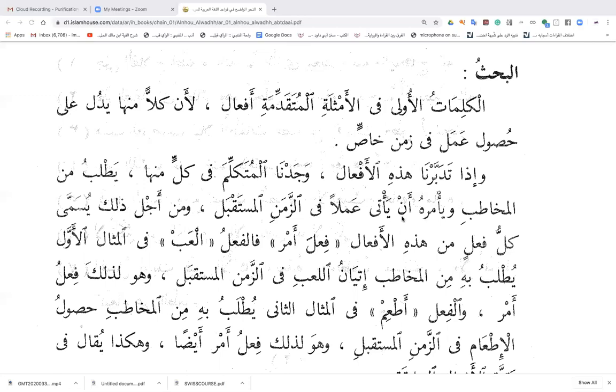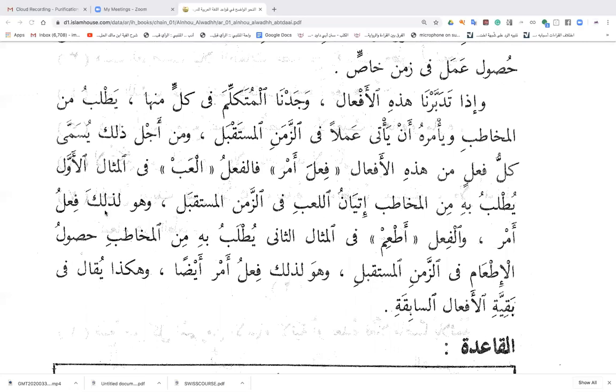يأمره. فالفعل العب في المثال الأول. So the word play, in the first example, يطلب به من المخاطب إتيان اللعب في زمن المستقبل, is requesting the listener to play with something in the future. وهو لذلك فعل أمر.